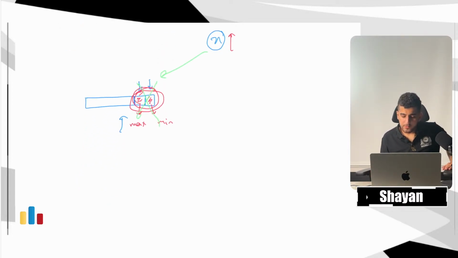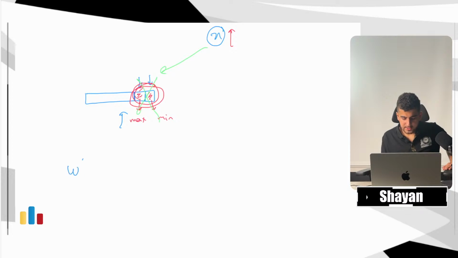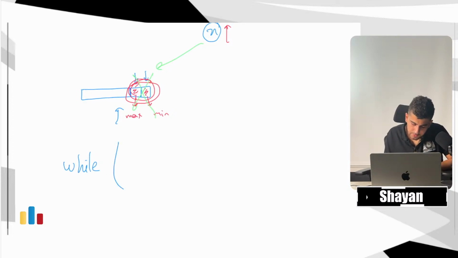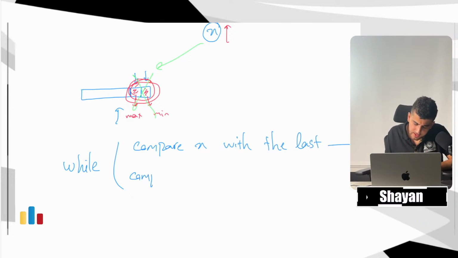So I run a while loop. Whenever an x arrives, I run a while loop, and in it I compare x with the last element in our sequence, and also I compare x with the one before last.